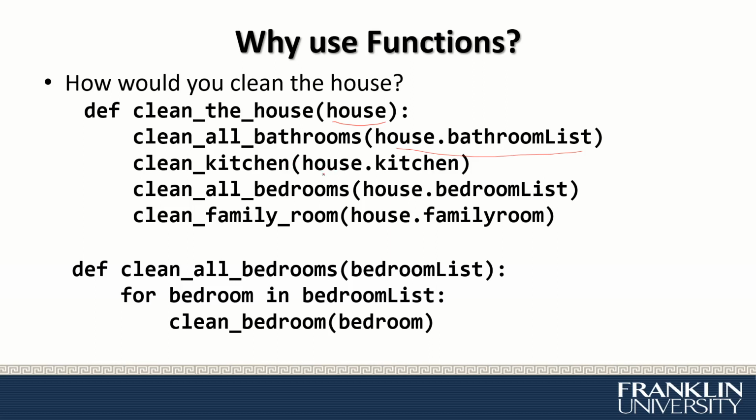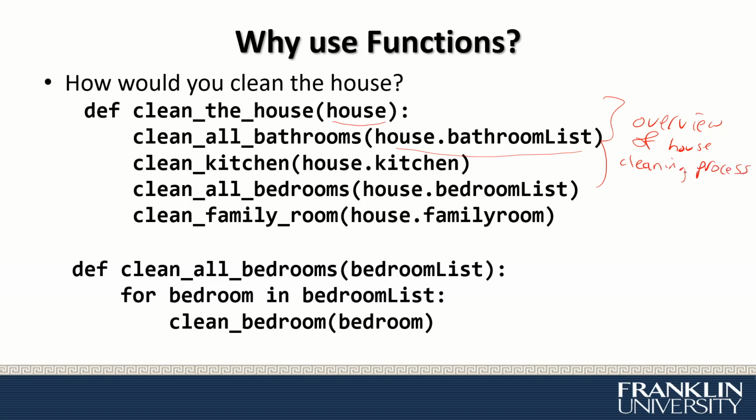Typically only one kitchen, so house.kitchen. You clean all the bedrooms, so I pass in the bedroom list. And you clean the family room, so I pass in house.family_room. So this will give you what we call an overview of the house cleaning process.